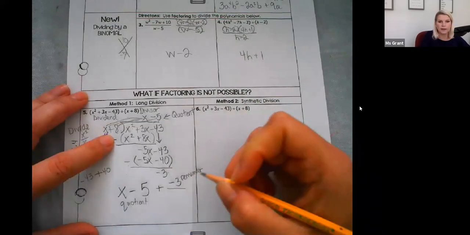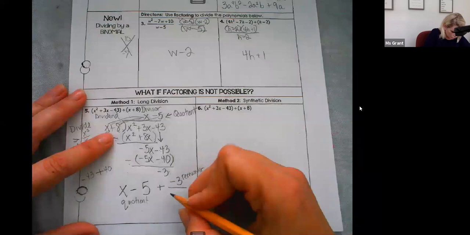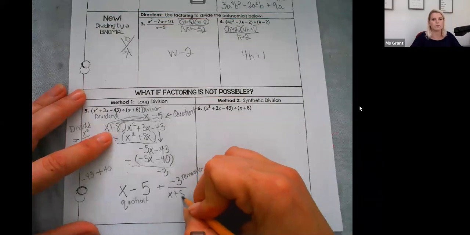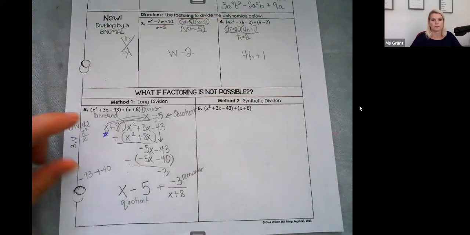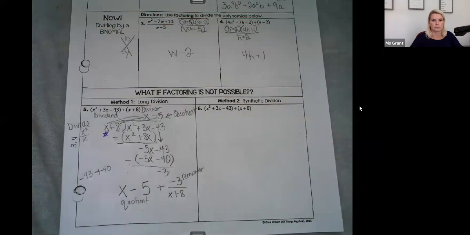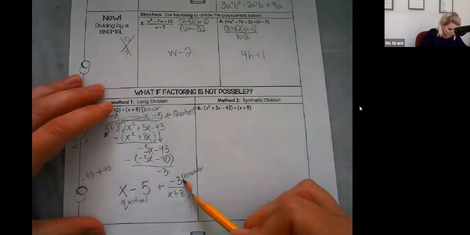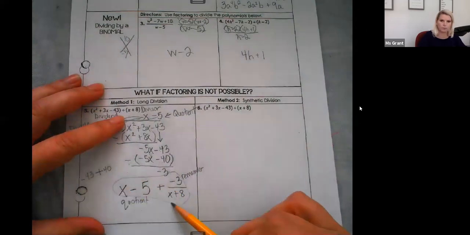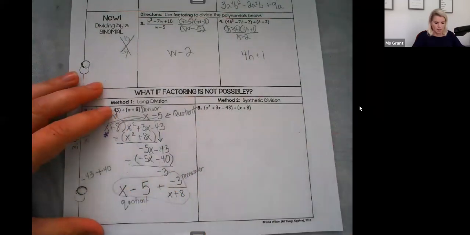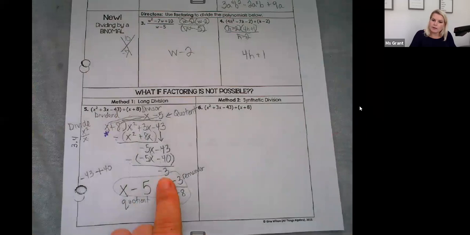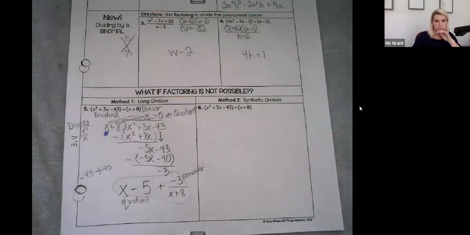Over, what did I divide by? X plus 8. And this is where I stop. This is my answer. Sometimes there will be no remainder, sometimes there will. Okay, this is called long division.